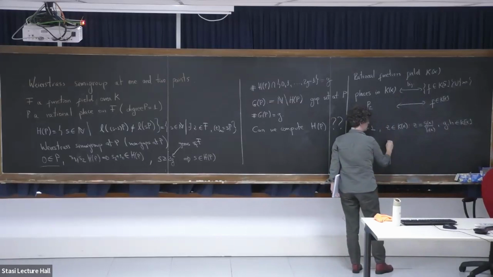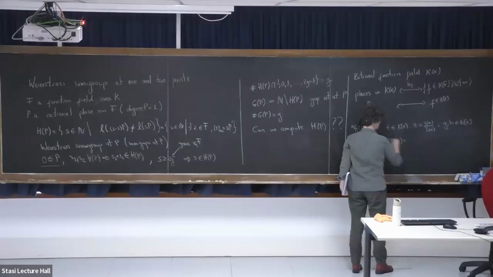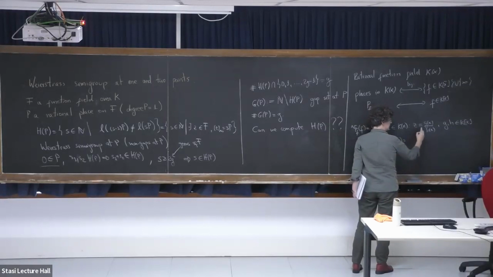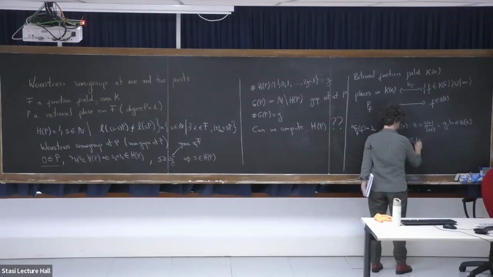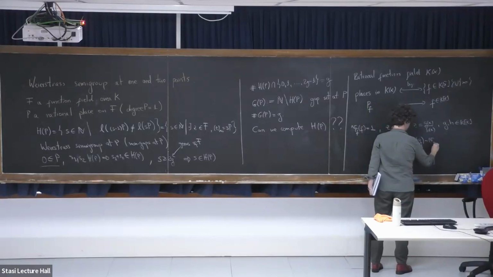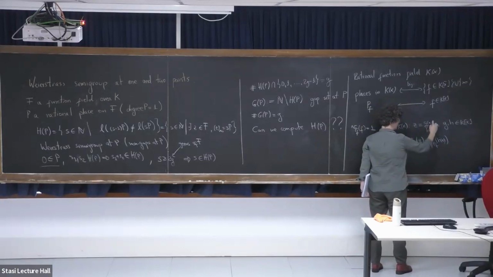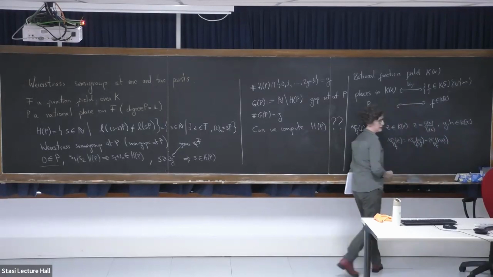So if I want to compute the evaluation on Z, we have seen that this is just the valuation on G minus the valuation on H. Okay, because this is the inverse of a polynomial. So I have minus here.